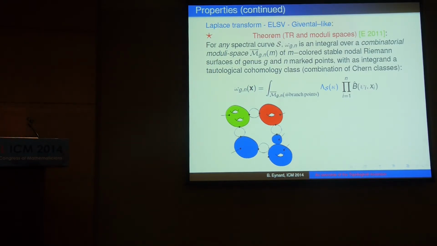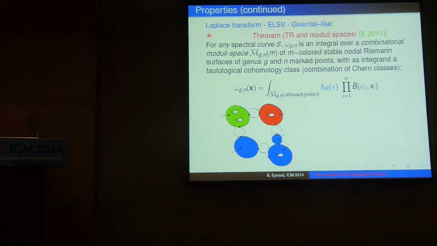It's the following: for really every spectral curve, even those defined only by local formal neighborhoods and things like that, omega g n is always some integral over some moduli space of surfaces of genus g with n boundaries. There always exists a certain moduli space and a certain cohomology class in that moduli space, such that omega g n is the integral of a cohomology class over M g n.